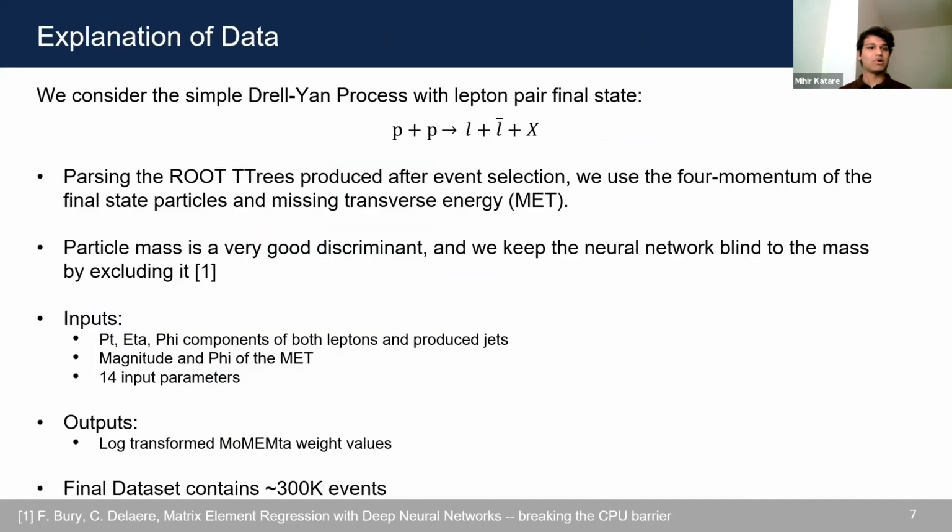So now we can talk about the data that was used for this project. For this particular project, we only considered the simple Drell-Yan process, which has the lepton pair final state that looks something like this. So we have the root T trees that are produced by the first 3 components of the pipeline that I showed earlier. And after some basic event selection, we can use the flow momentum of the final state particles that we care about.